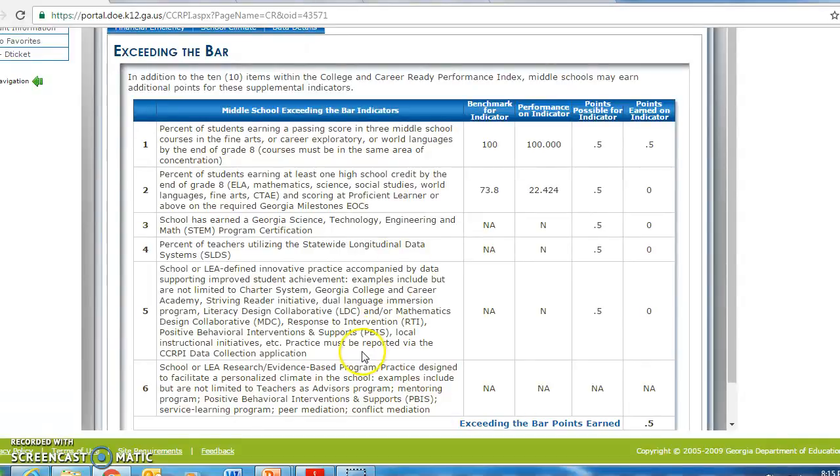The other area that you can get a half of a point is having that innovative practice, and if you see PBIS is there, and so that's the area where we're going to apply and get that for next year. Remember, in previous years we had applied in that area for Read 180, but we did not receive that this past year.